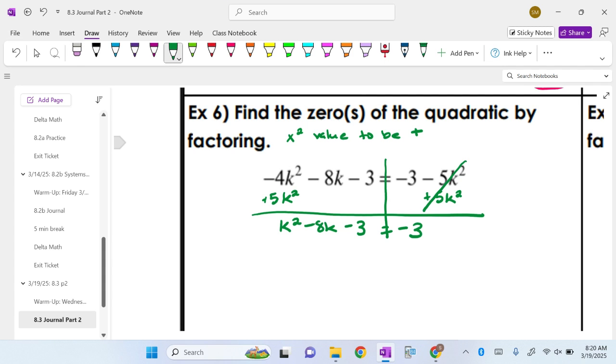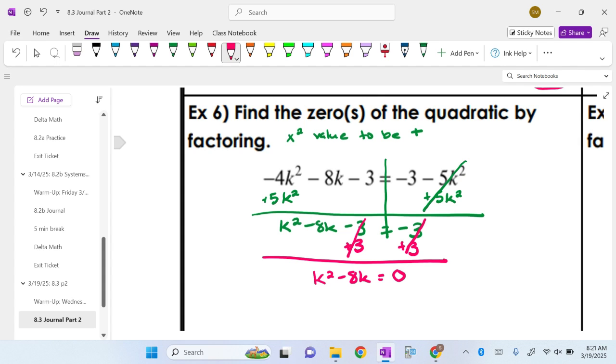Then what's my last step to get one side equal to 0? Add 3 to both sides. So that goes away. And in reality, this goes away too because negative 3 plus 3 is 0. So this is k squared minus 8k is equal to 0.